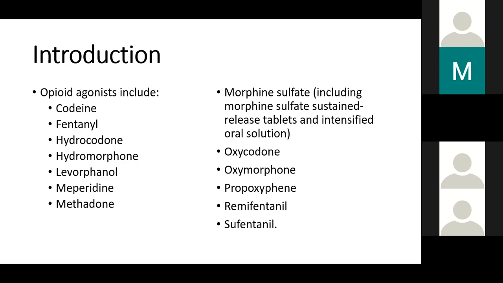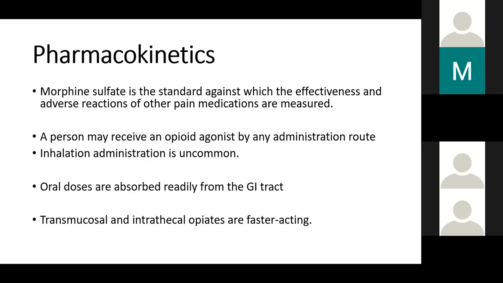So we have all these as opioid agonists. So morphine, like I said, we always use morphine as a prototype. So it is a standard against which the effectiveness and adverse reactions of the other pain medications are measured. And the opioid can be given by several routes, but then inhalation is uncommon.